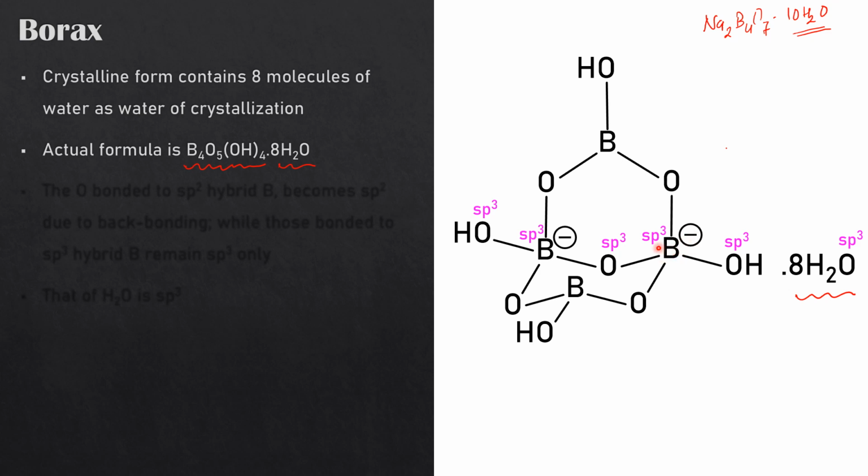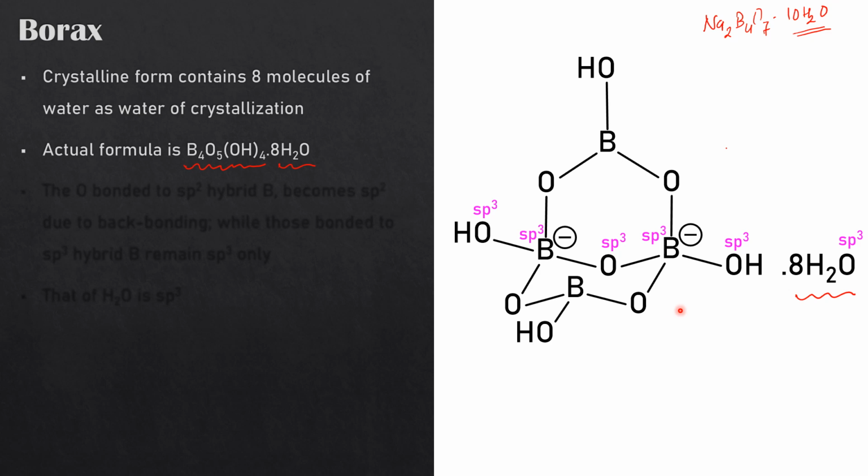So knowing this, the boron which has one OH present will be forming 4 bonds, that's going to be sp3 hybridized. So all the borons which have 4 bonds, that is boron number 1, boron number 2, are sp3 hybridized. This boron is sp2 hybridized.